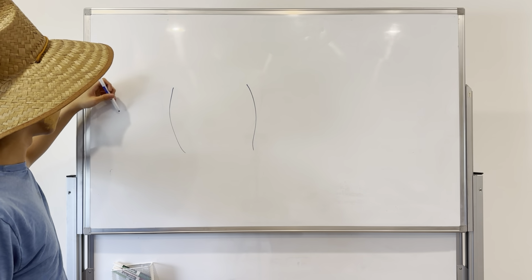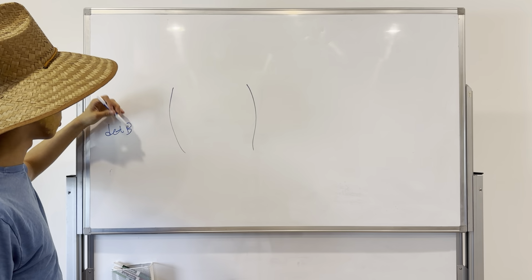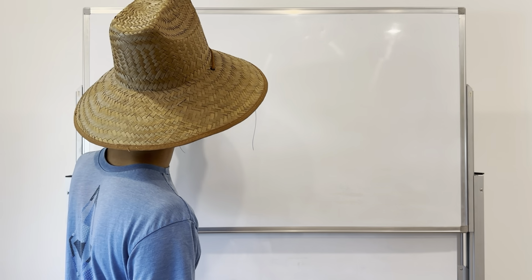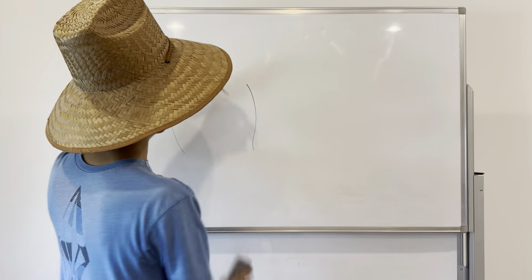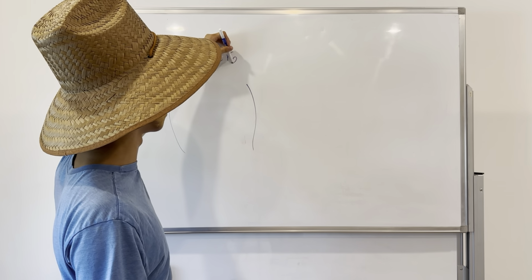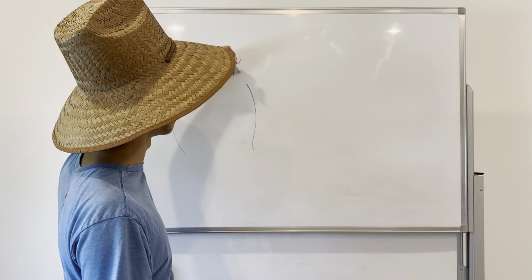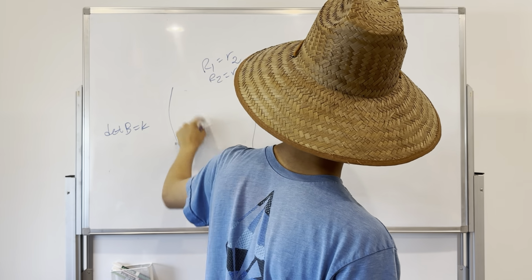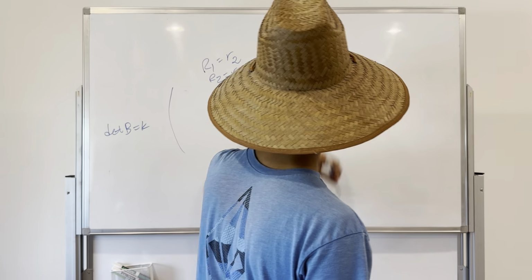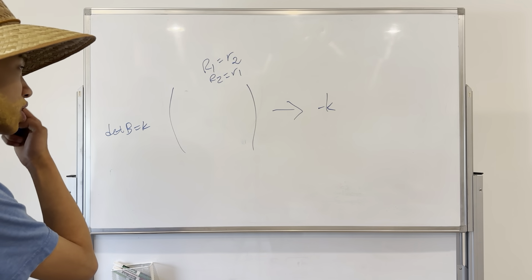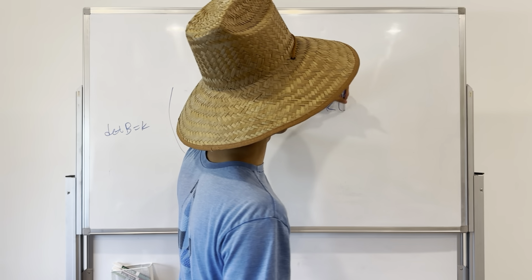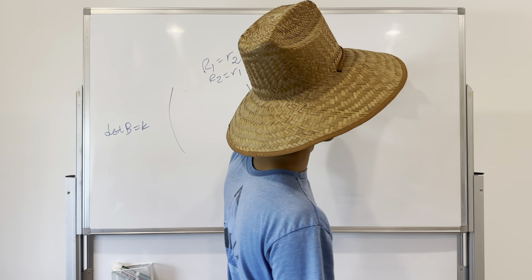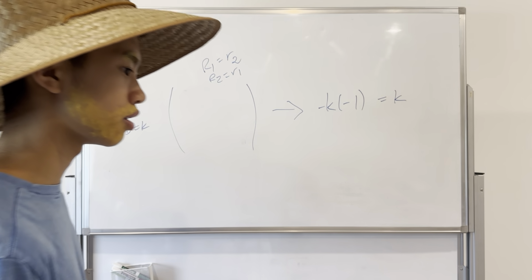So for example, if your original determinant would be K, and you had to do a row switching operation, so you had to do row 1 equals row 2, row 2 equals row 1, then you find the determinant of this, you get negative K. So in order to compensate for that, you have to make sure to multiply by a factor of -1 because you performed this row operation. And this would lead to the original determinant being K.